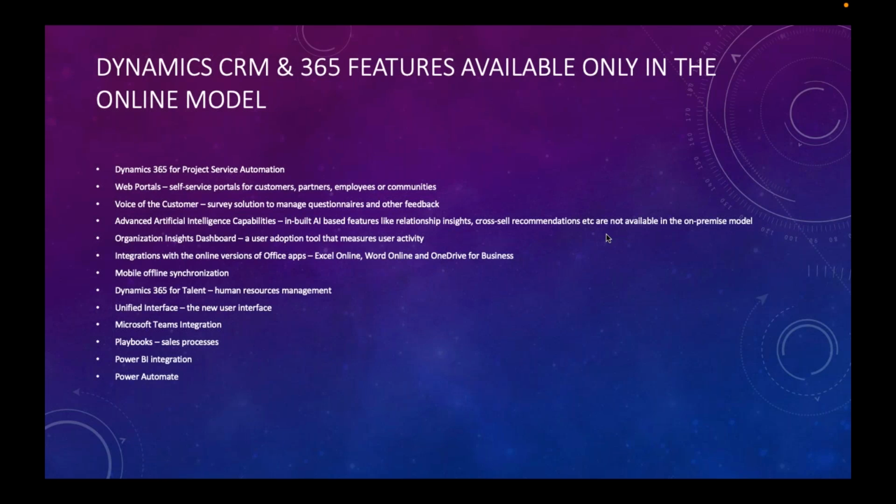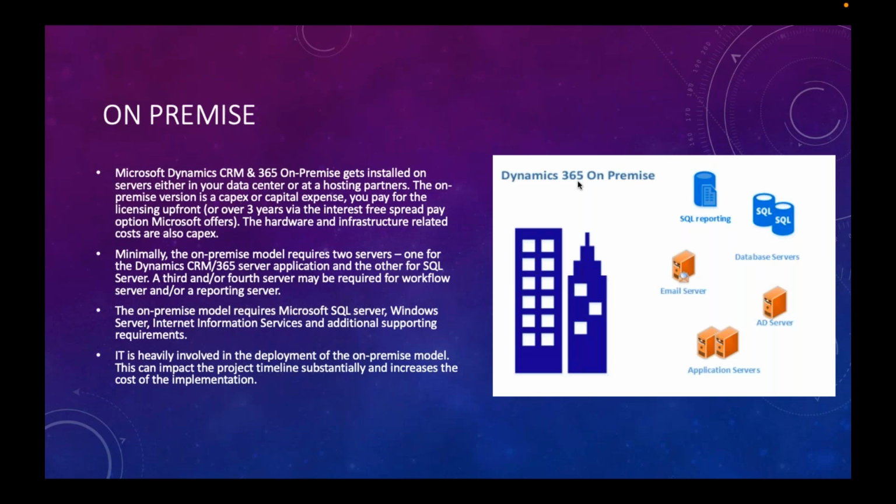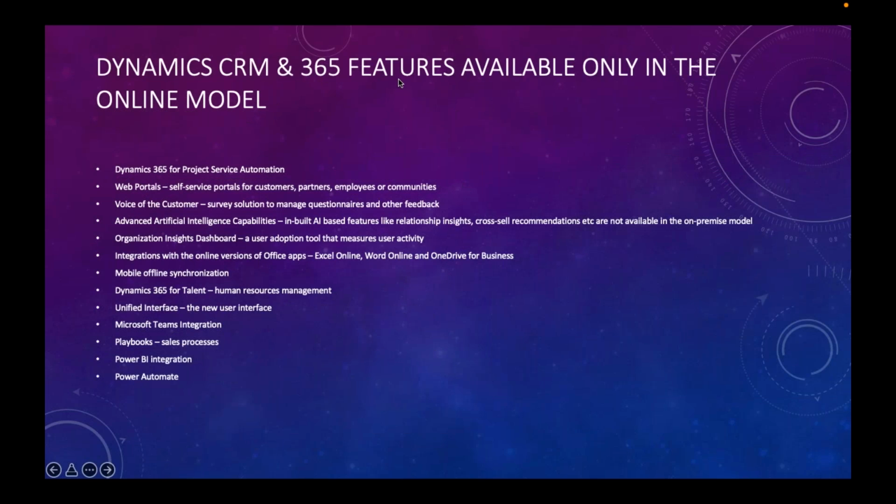Let me tell you the advantages that we have if we go for the online model. In online, many modules are additionally added by Microsoft, such as project service automation.